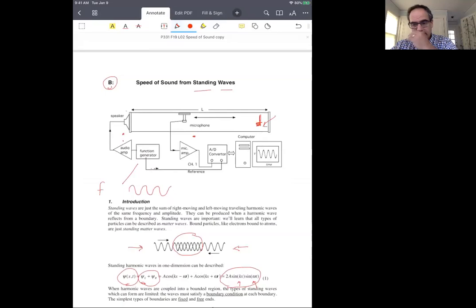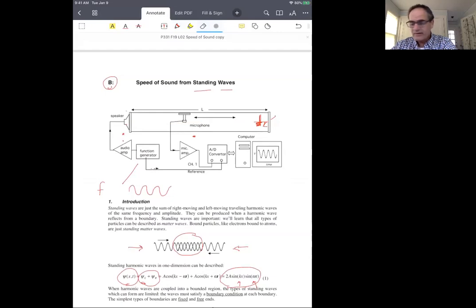However, when we get to one of those special frequencies, the resonance frequencies, then we can efficiently couple the sound waves into the tube, and we'll build up a sound wave of high amplitude in the tube. And so we'll get a big signal from the microphone.